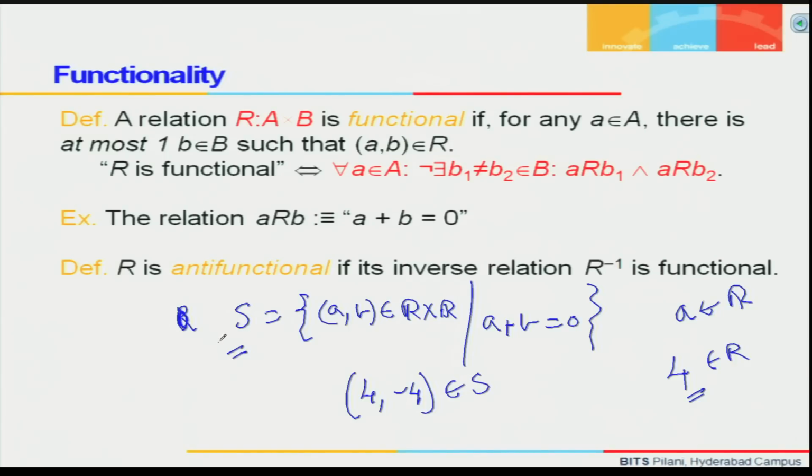Hence, this relation is called a functional relation. It cannot pair up with anybody else except one guy. It doesn't matter if it cannot pair up with any of them, that is also fine for it to be functional, but it cannot have more than one to be paired up with. That is what functional means, and this should be happening for all the elements of R. Then I say that relation is functional. Hence, this is very much a functional relation.